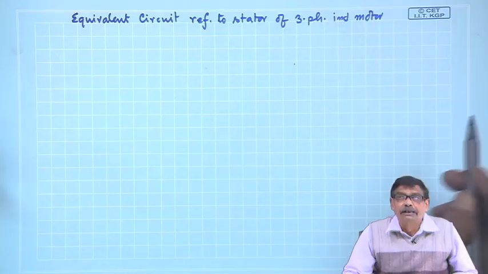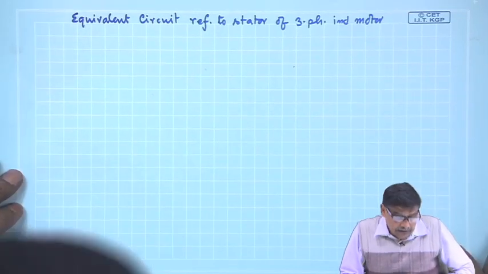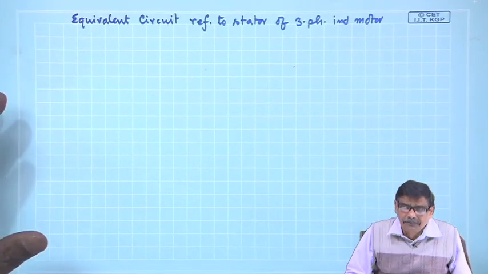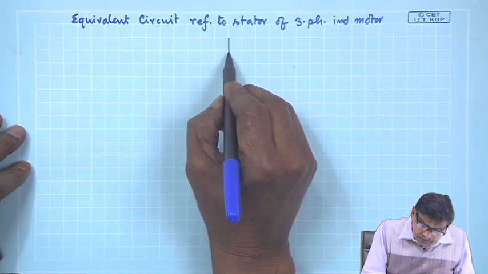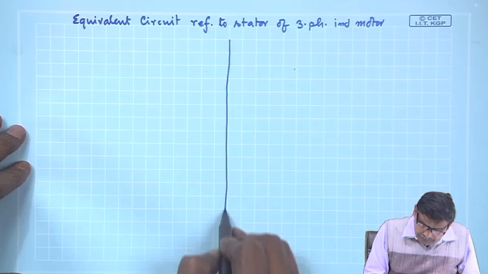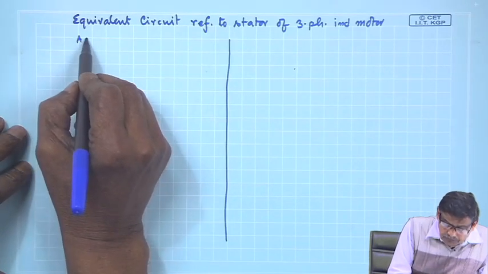Let me quickly review, because this looks slightly involved, but really it is not. What I was doing is this: let me draw a vertical line here. This is my actual motor.